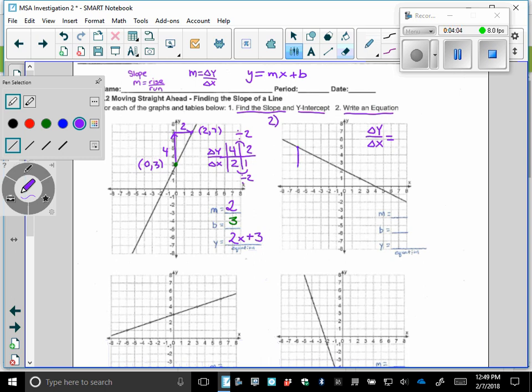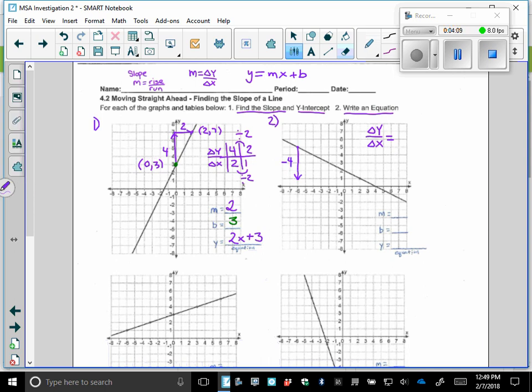So I find two exact points, and there are lots of combinations. One point I see right there, I'm going down 4, and then I'm going over all the way that distance, which is 8 units. So my rise over run, because I'm going down 4 and over 8, I think of that as a negative 1/2 slope.